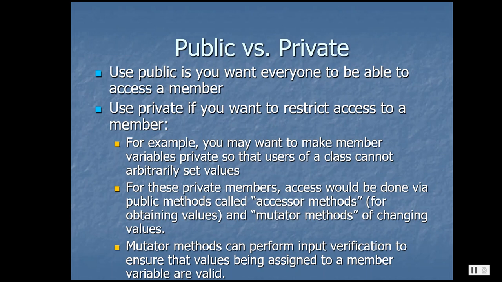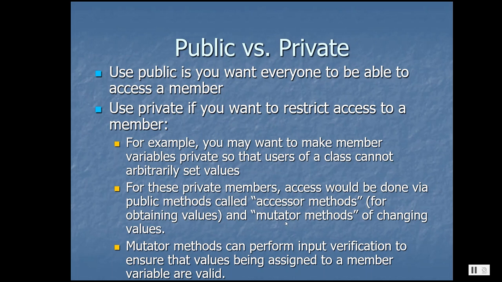Well, similarly, we may want to restrict access to a data member in order to ensure that data that gets in is valid. And so the way that's often done is we make the member variables themselves private. So the user of a class can't directly just assign a value into it. But then we would provide controlled access via what are called Accessor and Mutator methods. An Accessor method typically begins with the word get, and it's just going to return the value that's in that member variable.